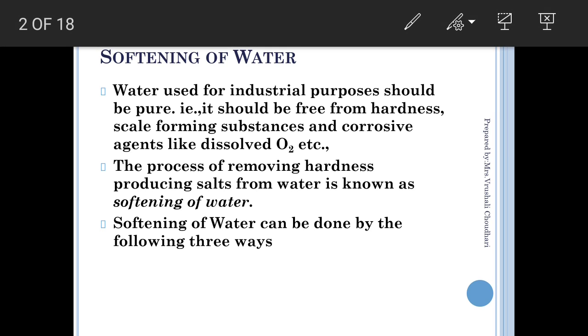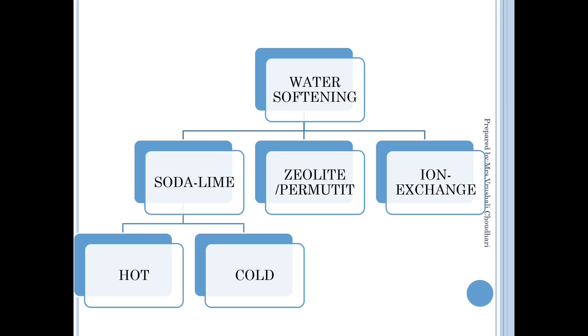What are they? First is the soda lime process, second is zeolite, also called the permutit process, and the third one is the ion exchange process. Out of these three, soda lime is commonly used. It is a cheap process to remove the hardness causing salts.